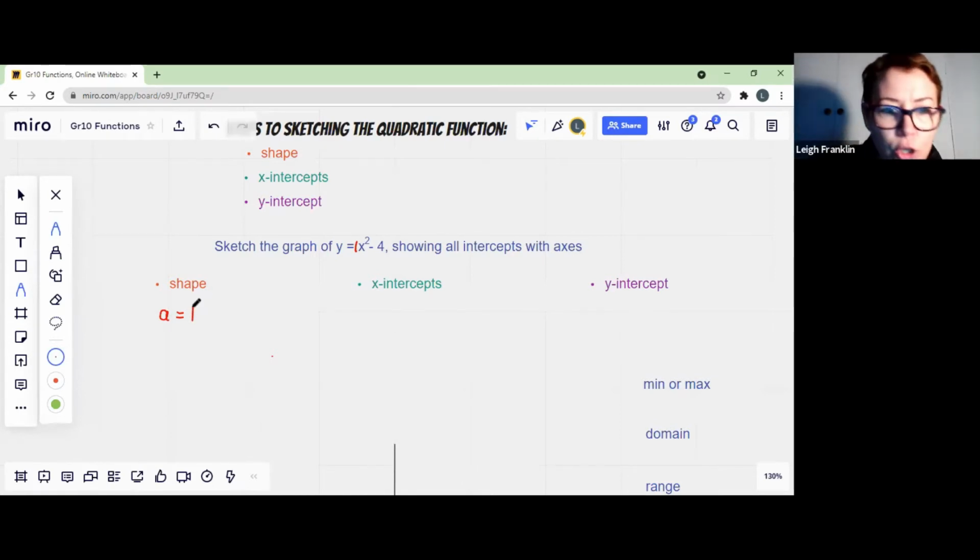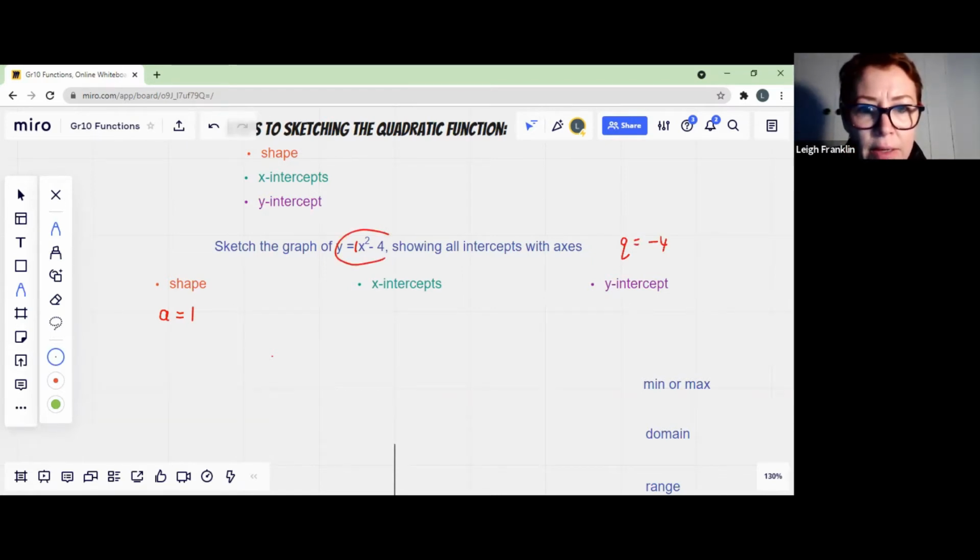Q, which doesn't have anything to do with the shape, is equal to -4. So the -4 is going to be our Y-intercept, or as Inam told us earlier, our turning point as well.